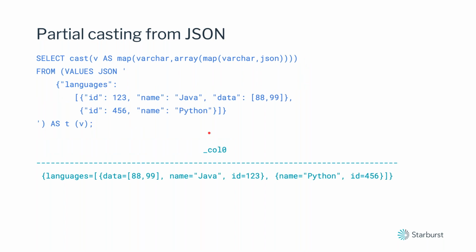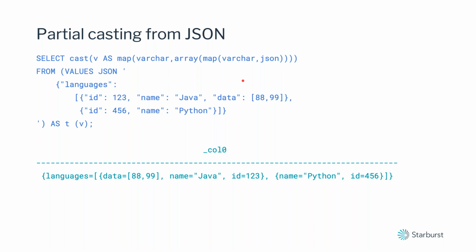Now, one thing that is complicated about JSON is that it doesn't have to have a consistent structure. So we can see here we've got a similar JSON structure to before. We've got a map of an array of a map, but inside the inner map, this value is a number, this value is a string, this value is an array.